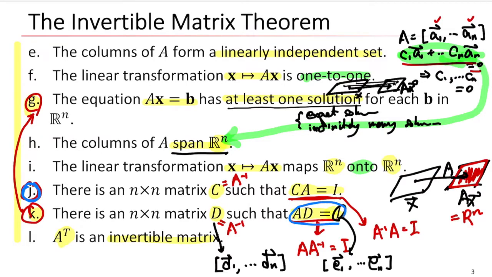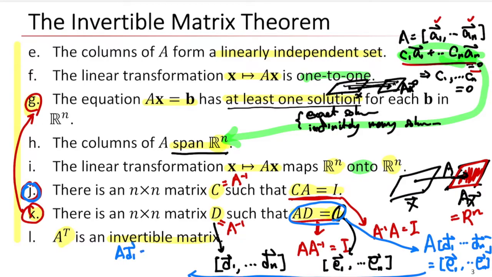Then this one, A times D, is equivalent to AD1 equals E1, AD2 equals E2, and so on up to ADn equals En, right?